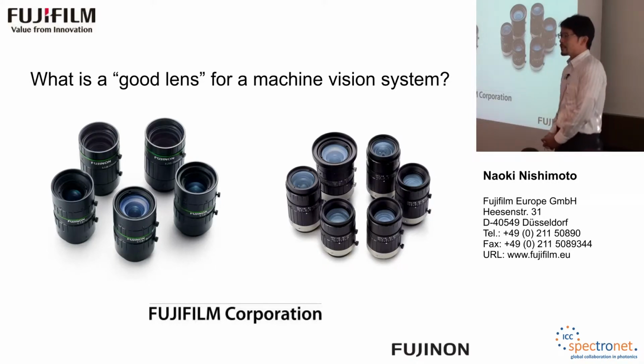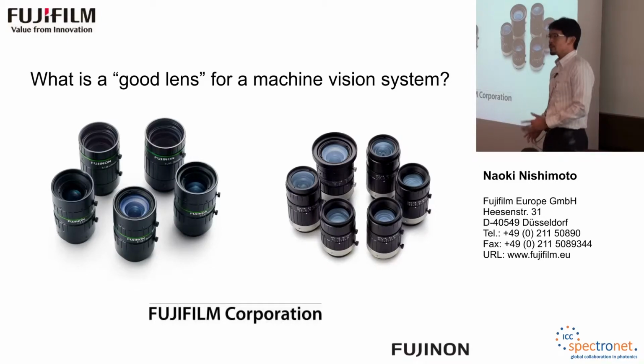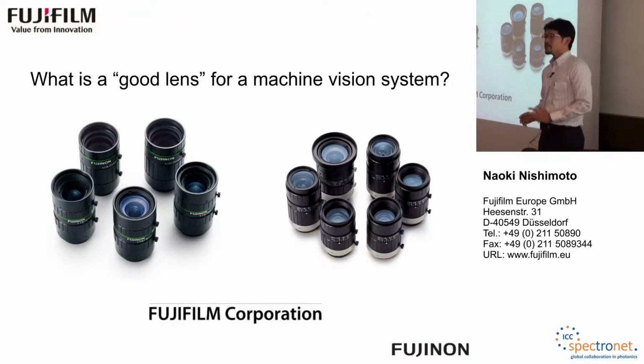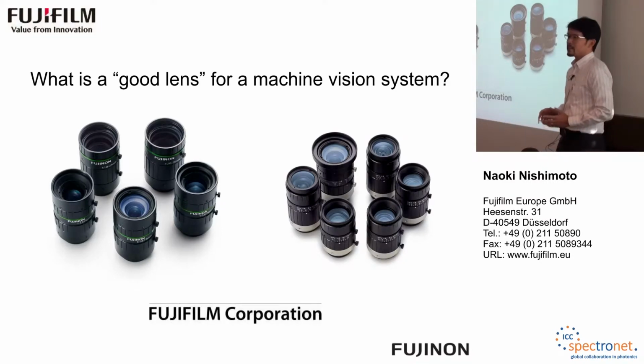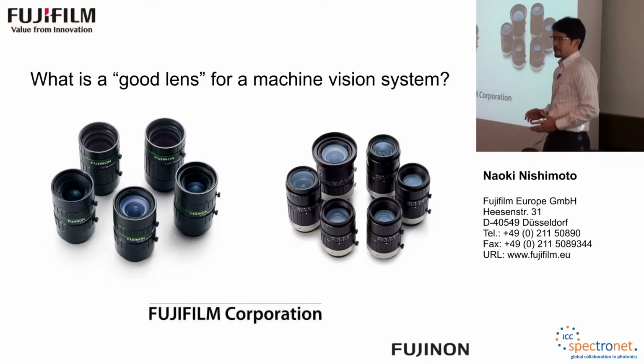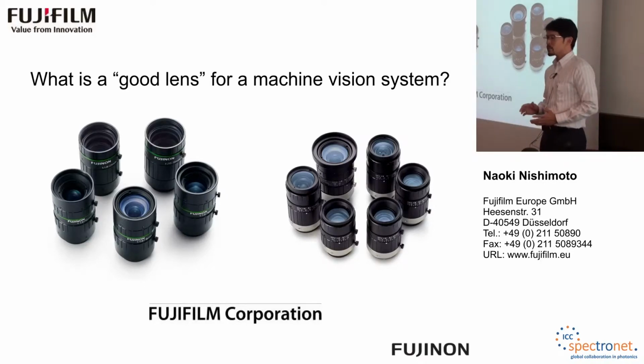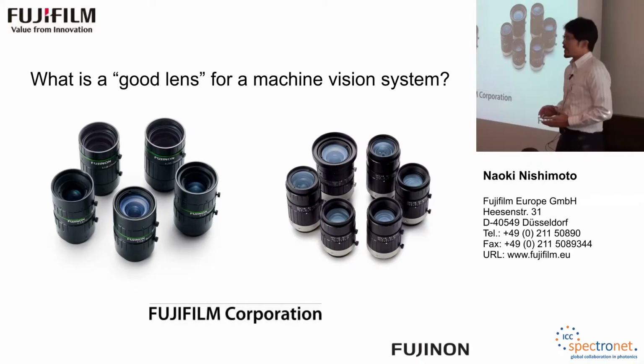Before we start, I'd like to tell you why we chose today's contents. We are aware that designers and installers of machine vision systems are tired with their work because there are a lot of requirements with different applications, many applications, and also a lot of lenses and cameras in the market.